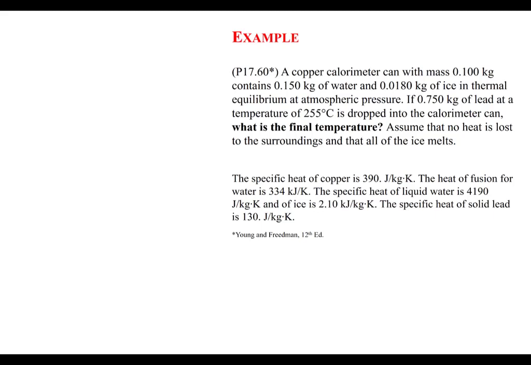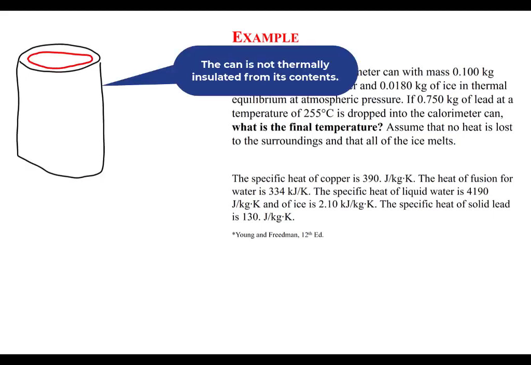Let's begin by sketching the scenario. So we have a copper calorimeter can, which I'll represent with this cylindrical looking object here. It says this copper can doesn't exchange heat with the environment. So with that said, let's assume that this can is thermally insulated, like a perfect insulator.